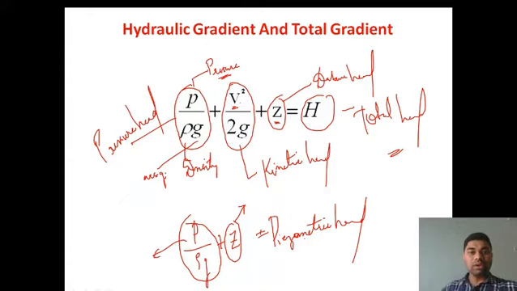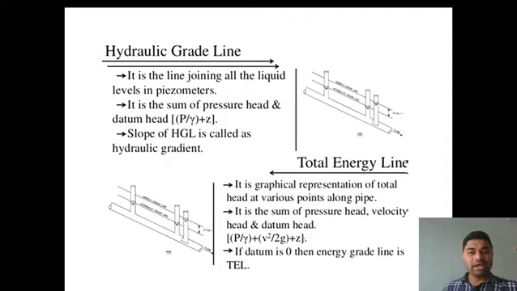Now let us see what the hydraulic gradient and the total energy gradient are. First, what is the hydraulic grade line? Look at this pipe cross section. This pipe is pumping water, and different piezometers are installed.